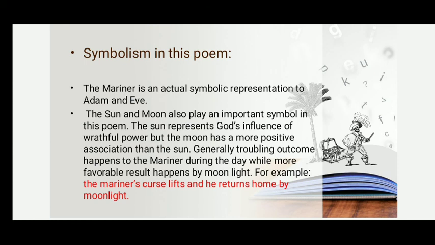The sun represents God's influence of faithful power, but the moon has a more positive association than the sun. Generally, troubling outcomes happen to the mariner during the day, while more favorable results happen by moonlight. For example, the mariner's curse lifts and he returns home by moonlight.